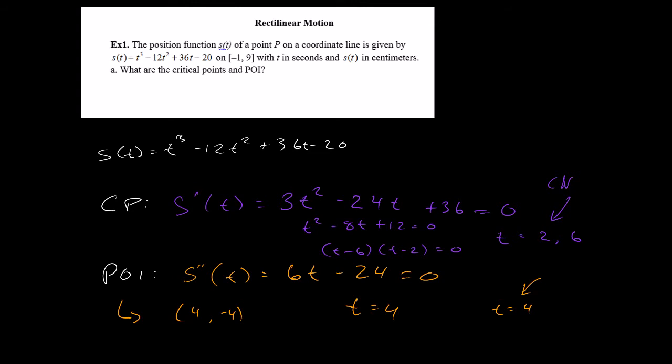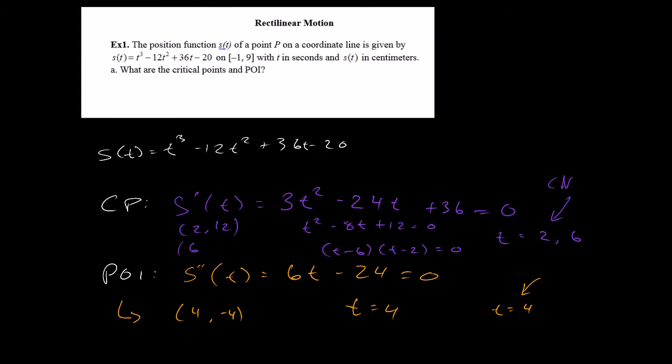Now if we do that for our 2, we're going to get 8 minus 48 plus 72 minus 20, and that gives us 12. And then let's try our 6.